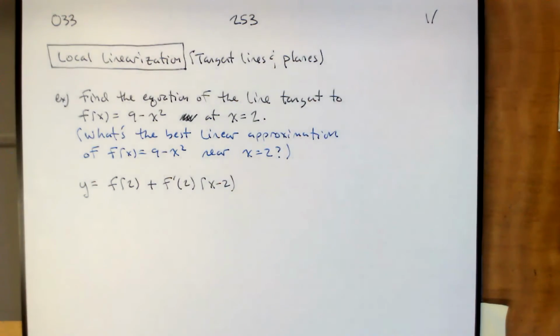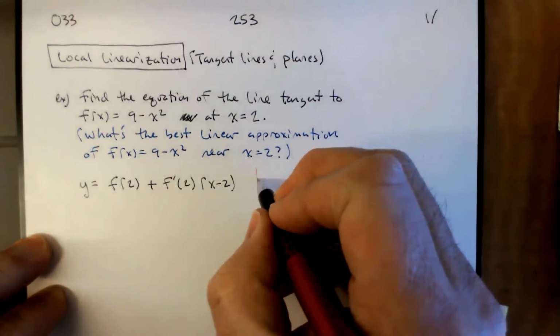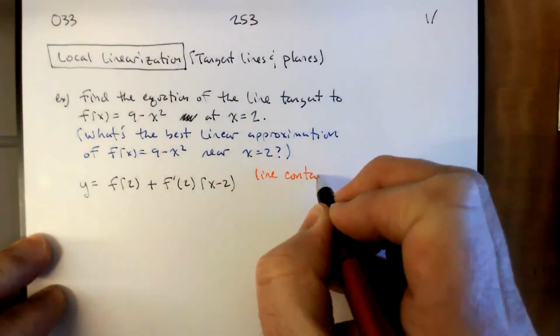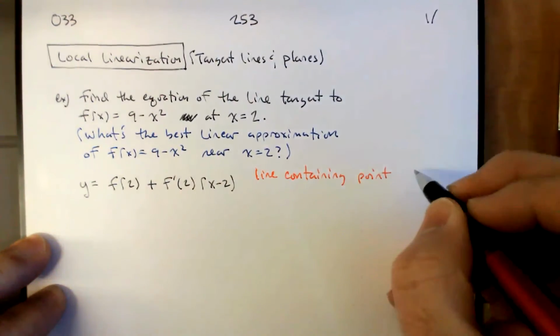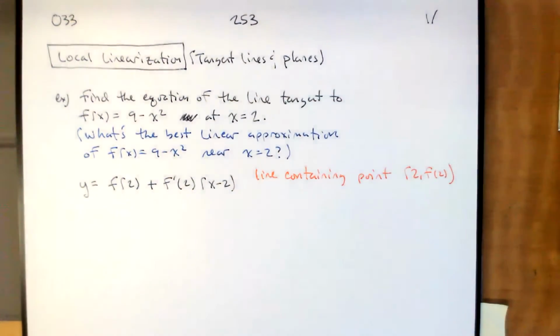So here's a line containing the point 2 and f of 2. We just evaluate the function to find the y coordinate of the point, and it has slope f prime at 2.